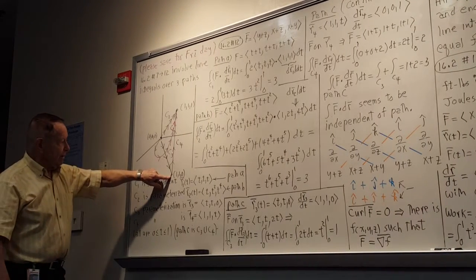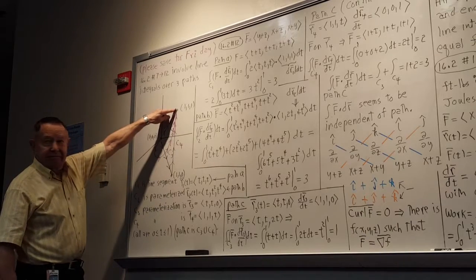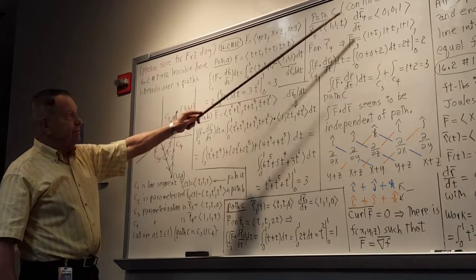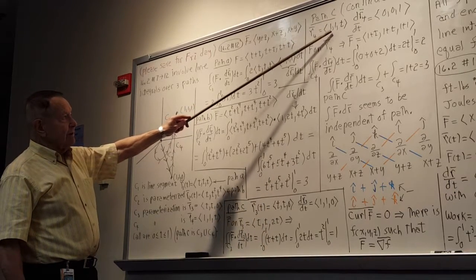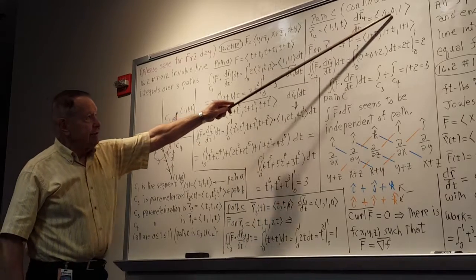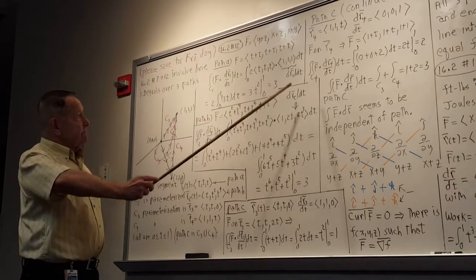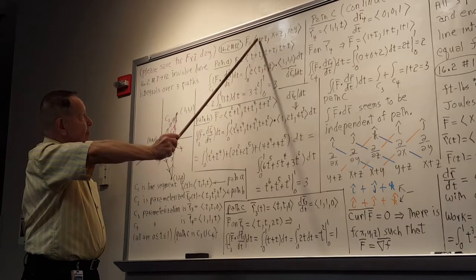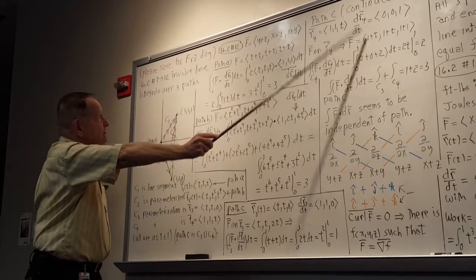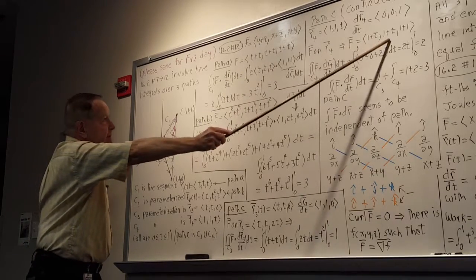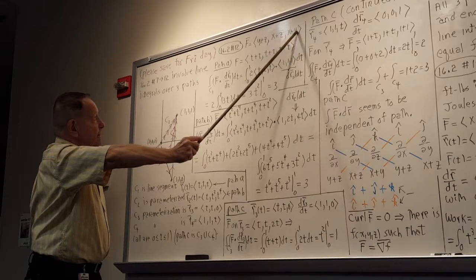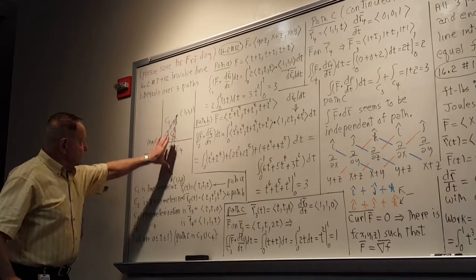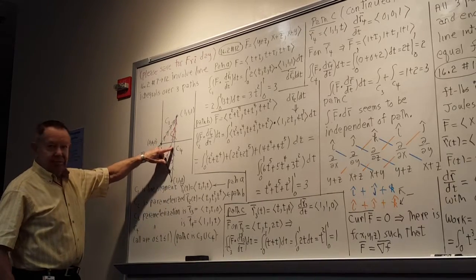And now let's see what it takes to lift straight up, like that. Well, that's path C continued, you see. So your r4 is 1, 1, and t, and your derivative is here. So if you parameterize, you see you have 1 plus t, 1 plus t, and then 1 plus 1 for your third component. Your x and y, when you're going vertically here, are always 1 and 1.